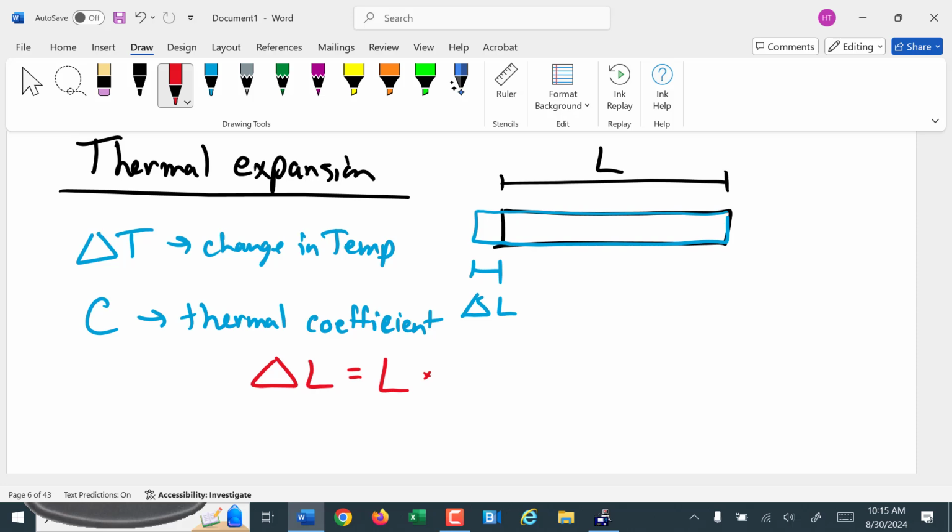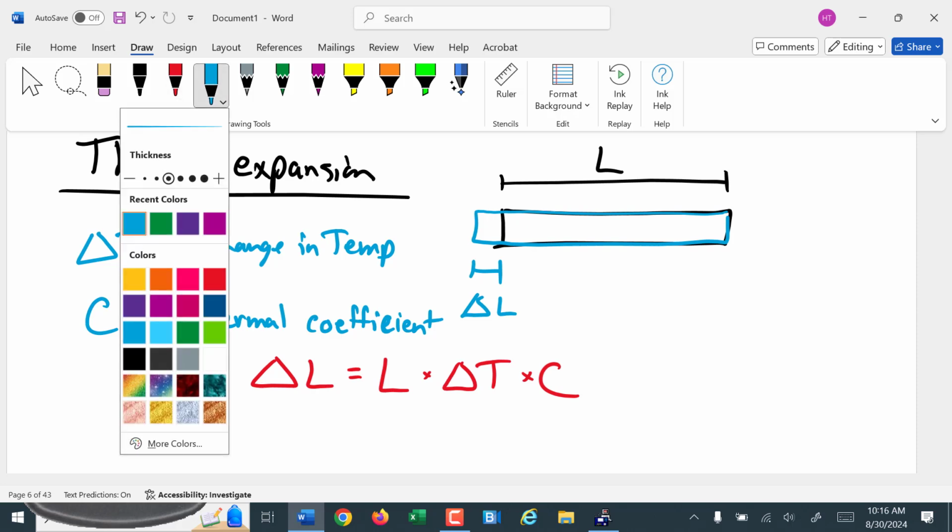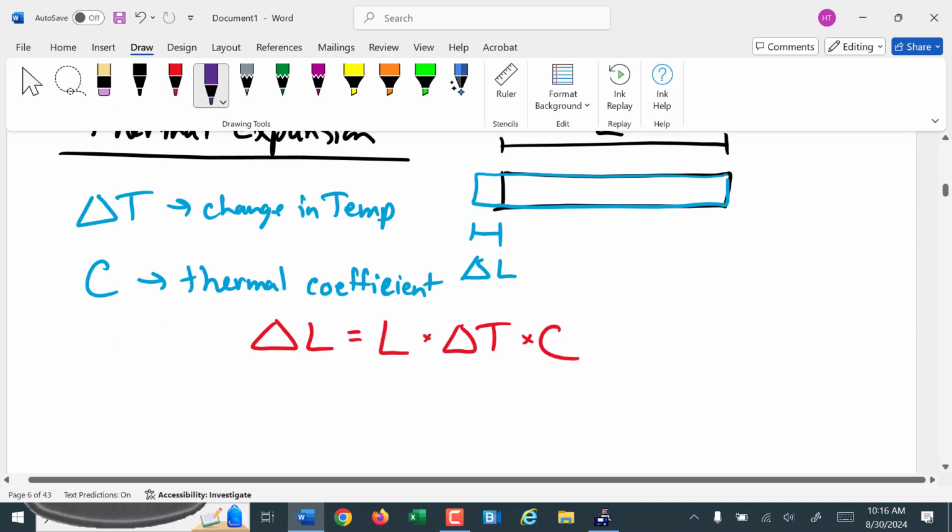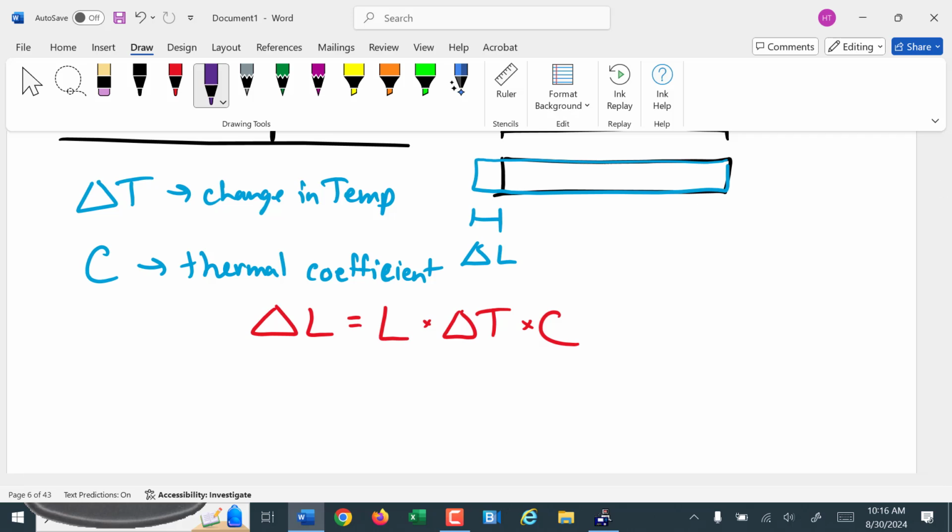So the formula is simply: the change in the length of the material is equal to the length times the change in temperature times that thermal coefficient.